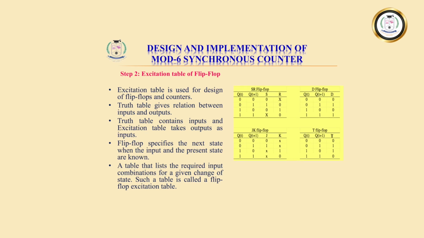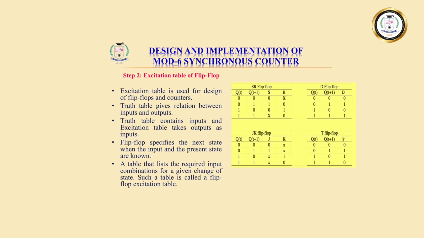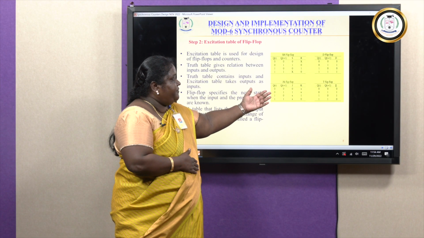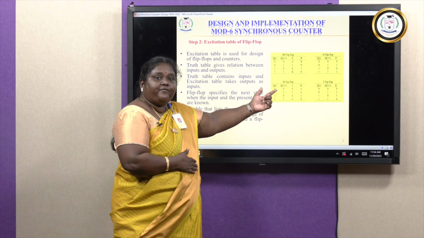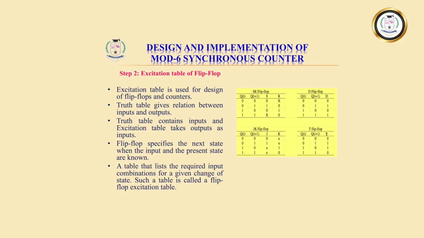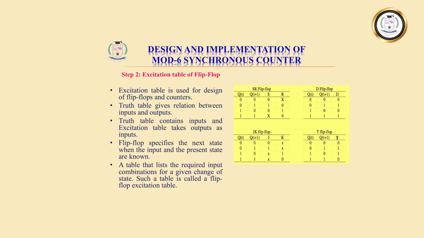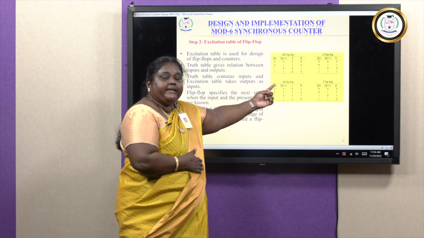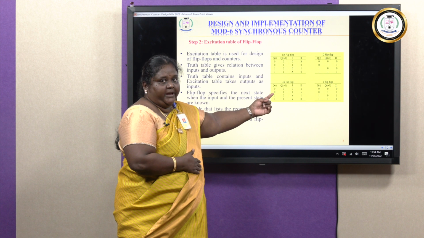This picture shows a glimpse of the excitation tables of all the flip-flops, that is SR flip-flop, JK flip-flop, D flip-flop and T flip-flop. For example, for the SR flip-flop, Q of t is the present state, Q of t plus 1 is the next state, and S and R are the input combinations.